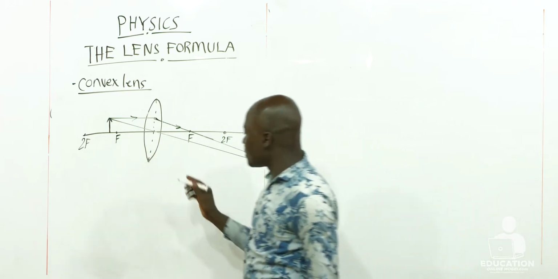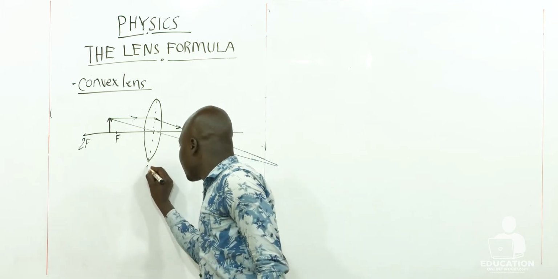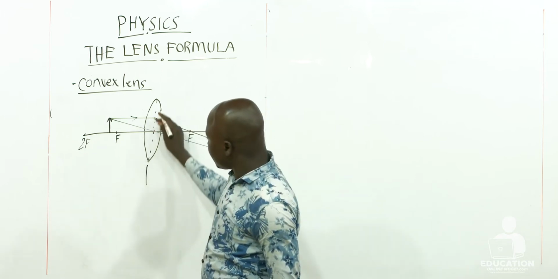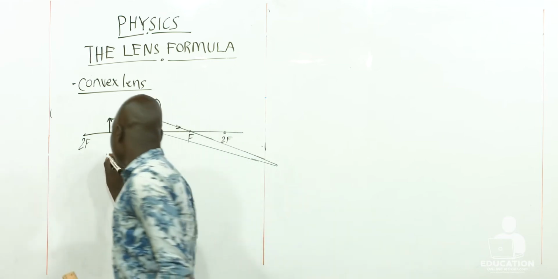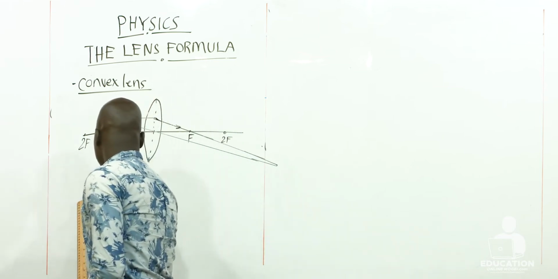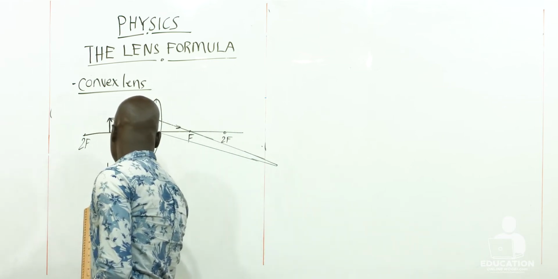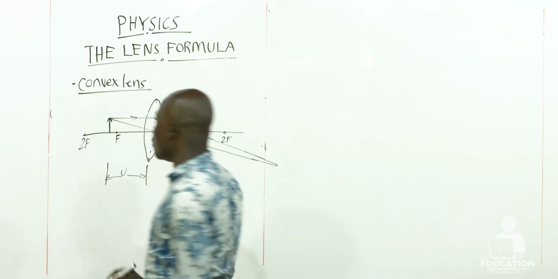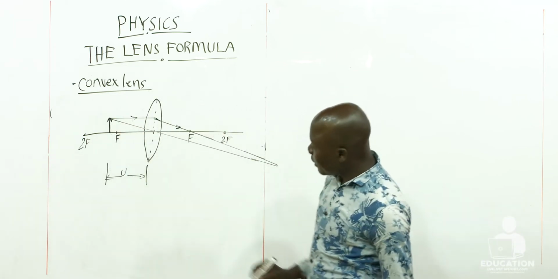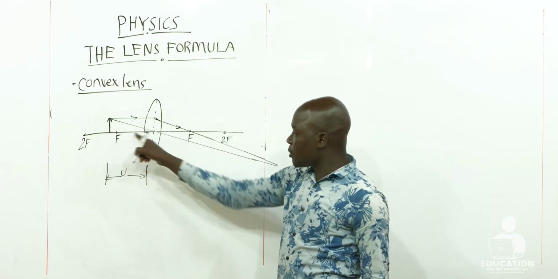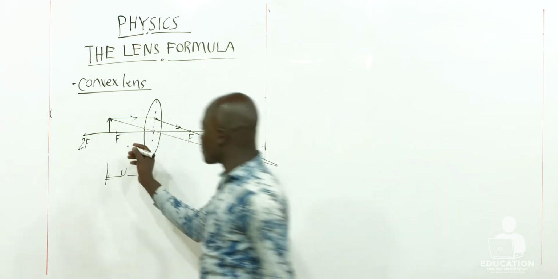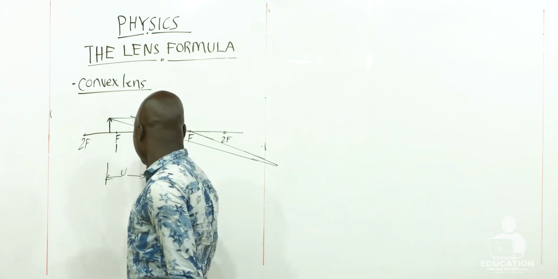So now in this case, we take the distance from the center of the lens to the object to be letter u. Then we also take the distance between the optical center and the principal focus to be letter f.